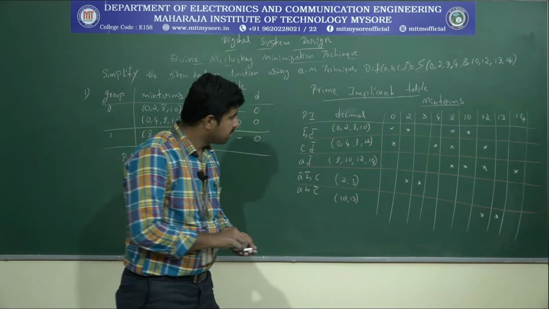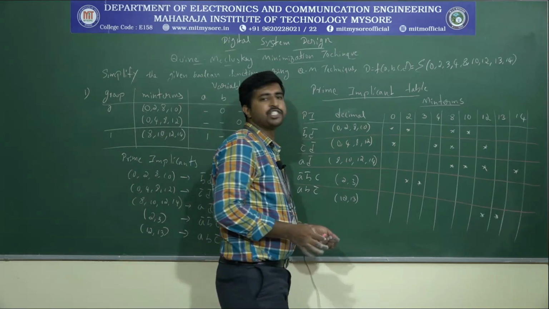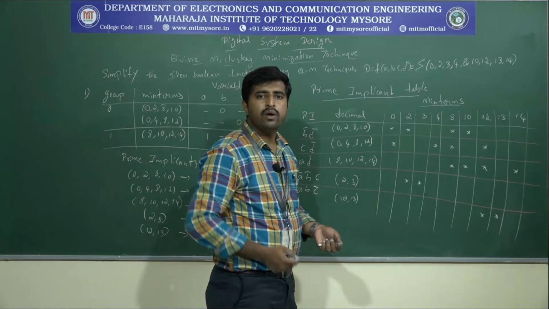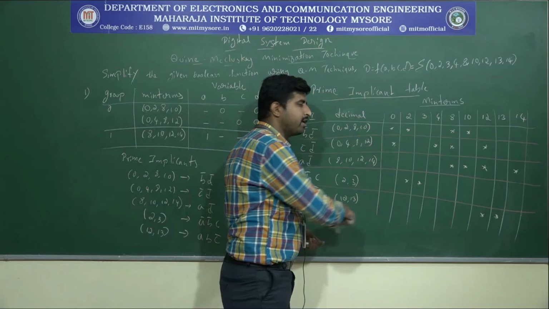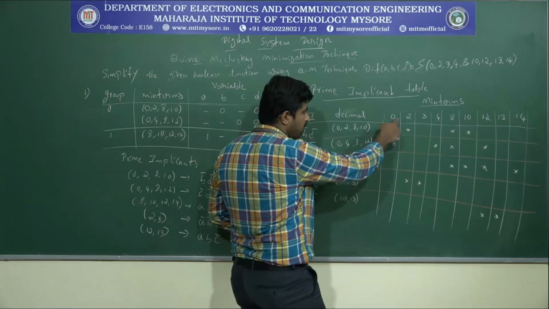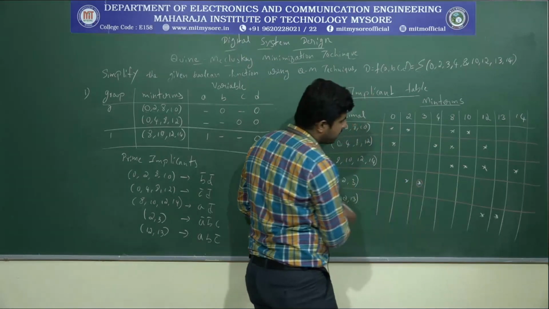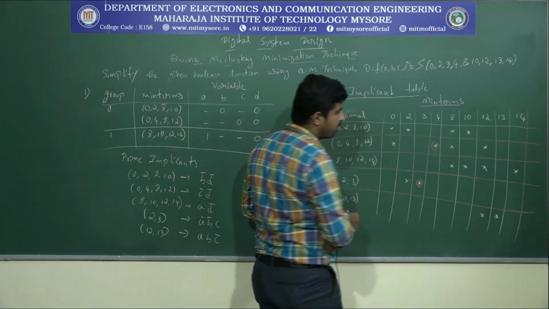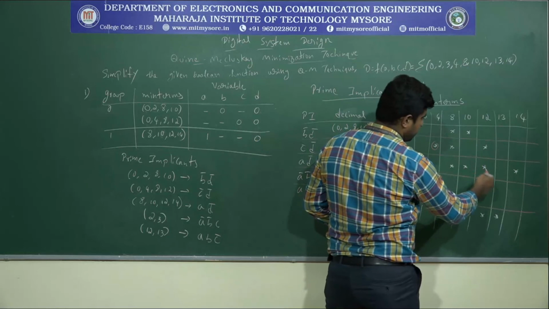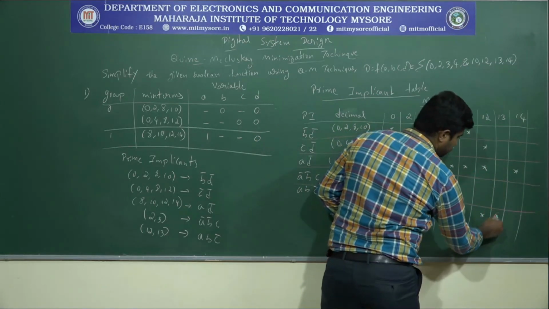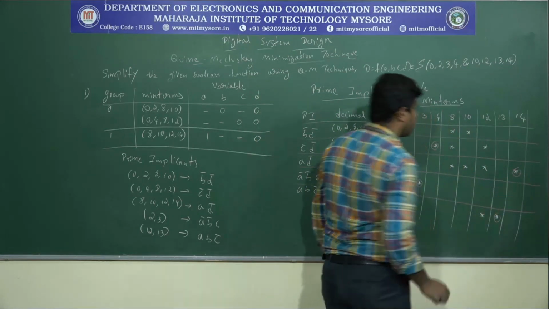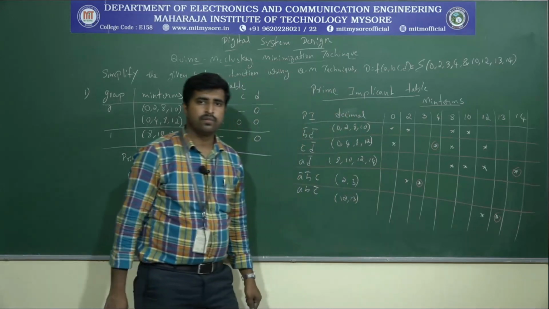Okay, so let's identify which are essential. That means only one entry in a complete column. If you look at the 0 column, there are 2 entries here, so only one entry here, only one entry, and here only one entry, and here only one entry.